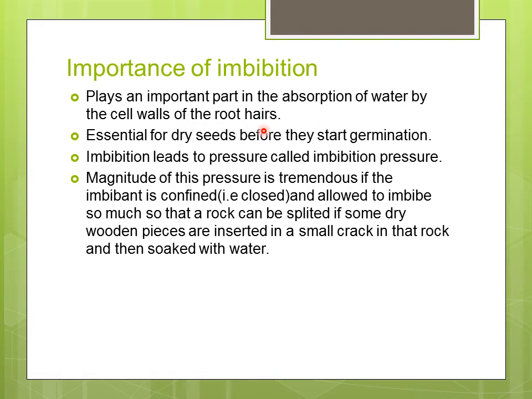It is also essential for dry seeds before they start germination. So when we soak dry seeds in water, imbibition is happening, and after that, germination happens. Now imbibition leads to a pressure called imbibition pressure. The magnitude of this pressure is tremendous.